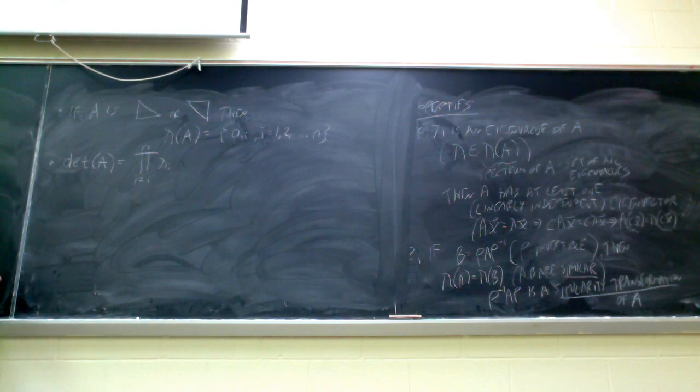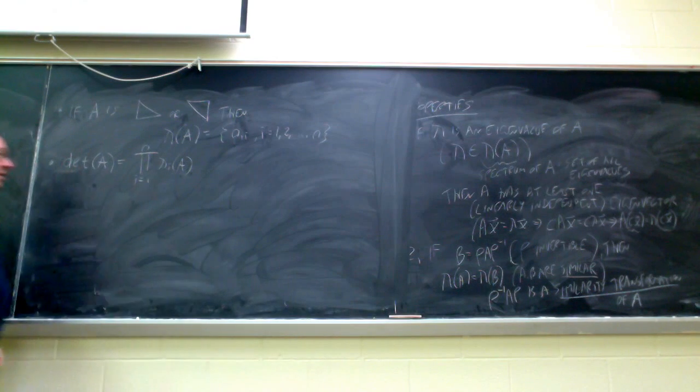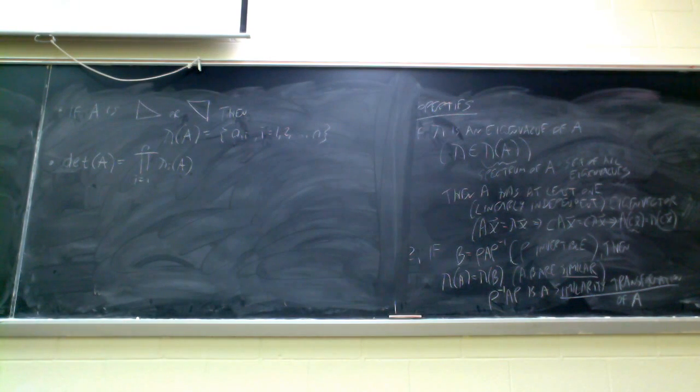Like if lambda is a multiple root, so if it appears as a root k times, it has to occur k times in this product. So the determinant is the product of all the eigenvalues. Now I use this notation, lambda_i of A, to indicate the first eigenvalue of A, second eigenvalue, third eigenvalue, all the way up to n.